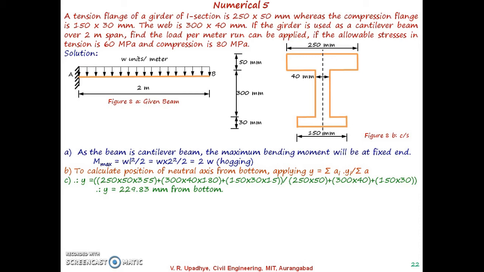So that will be 229.83 millimeter from bottom, and then you can write what Y bottom and Y top are. Y bottom value is 229.83 millimeter as calculated, and for Y top, the complete depth of the I section is 50 plus 300 plus 30, which gives us 380, and if from 380 you deduct 229.83, that gives us Y top from the neutral axis, which is 150.17.